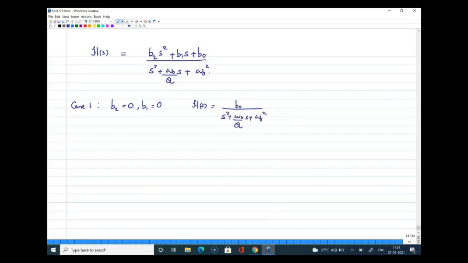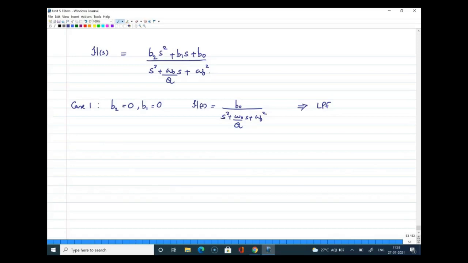By looking at the transfer function, can you tell me what type of response you can expect from this? Sometimes we can look at the number of poles and then comment. What do you think? What kind of response will you get? Yes, Bhuvan. It is a low pass filter response, right? So this will result in a low pass filter response. You can check that by substituting s equal to 0 or s equal to infinity.